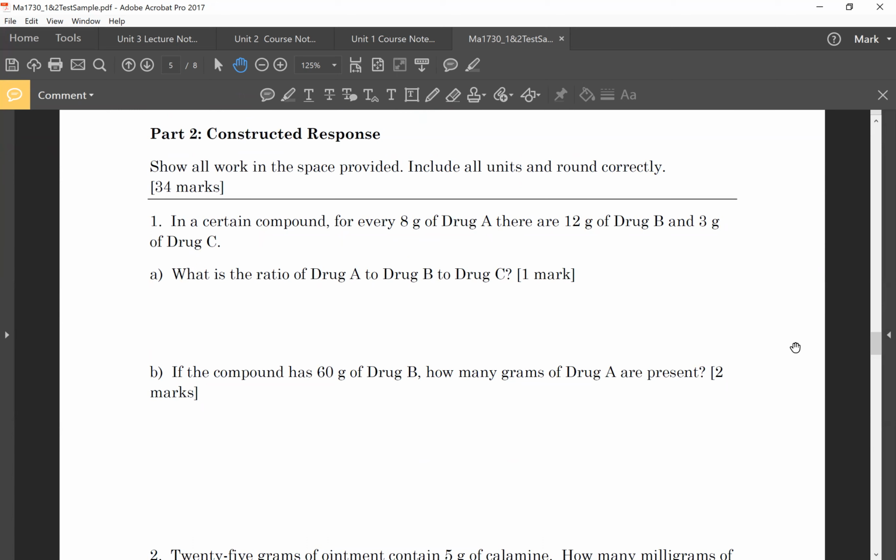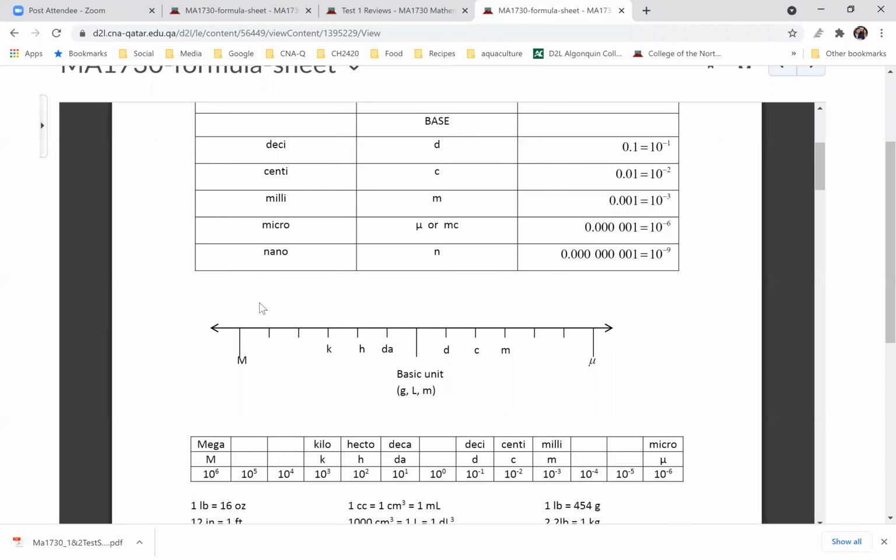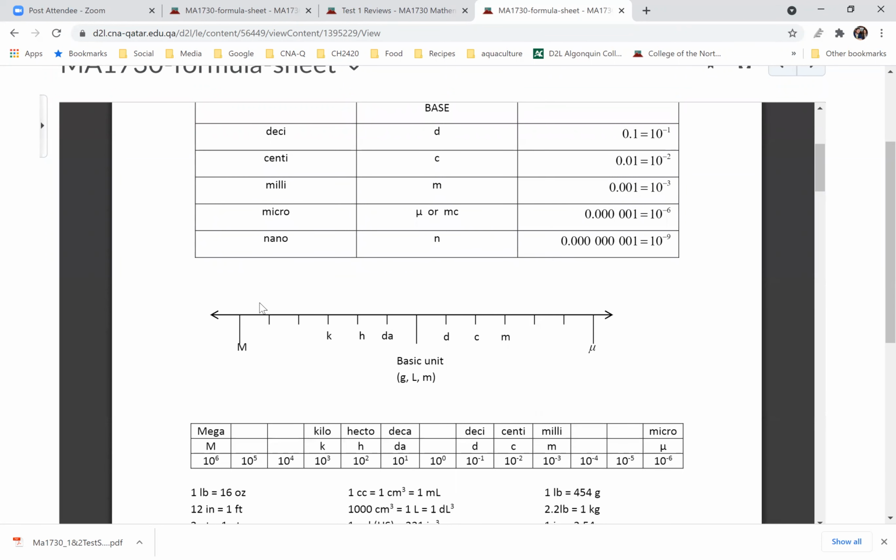Sir, I have a question. So, sir, when do we use 10 raised to power minus 6 and when do we use 10 raised to power plus 6? Never. I wouldn't do that. I would just use my number line. It's up to you. I don't want to teach anything too crazy new today, but it depends on if you're going left or right.